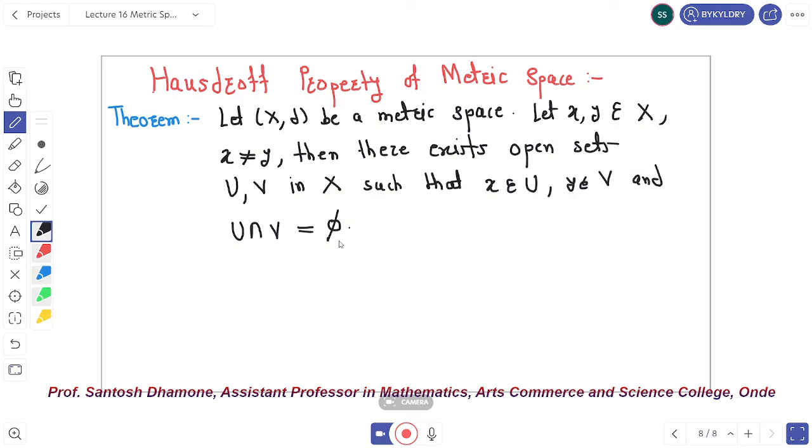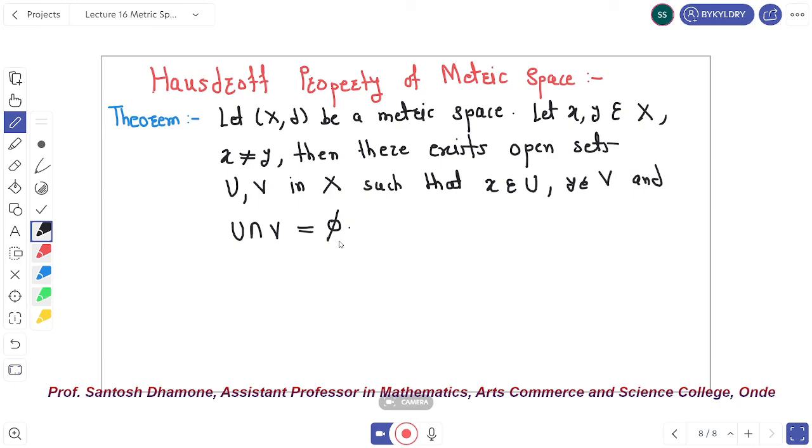d(x,y) is greater than 0 because x and y are unequal. Distance between x and x is equal to 0, which is less than r by 3.